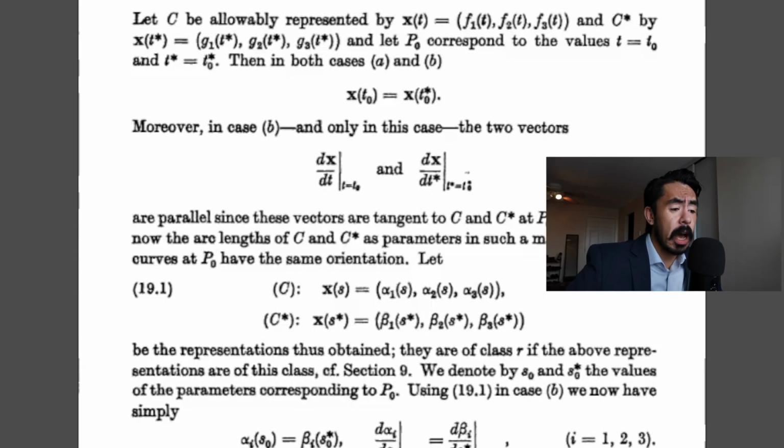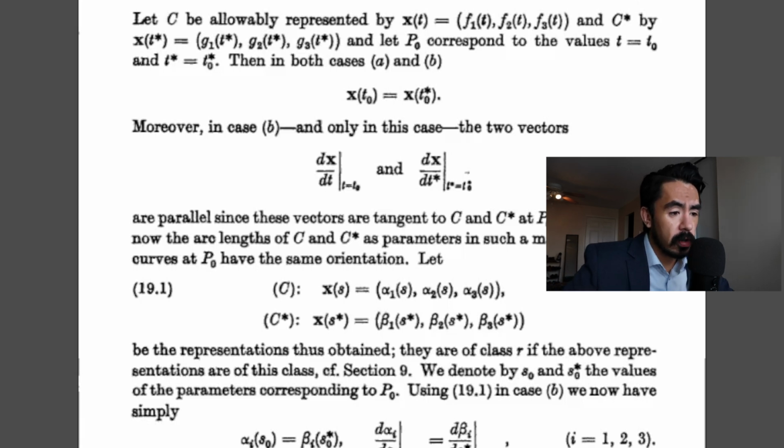Let C be allowably represented by the vector x of t, which is equal to f1 of t, f2 of t, and f3 of t along each of its respective dimensions, and C star by the vector x star of t star, which is equal to the functions g1 of t star, g2 of t star, and g3 of t star along each of its respective dimensions.